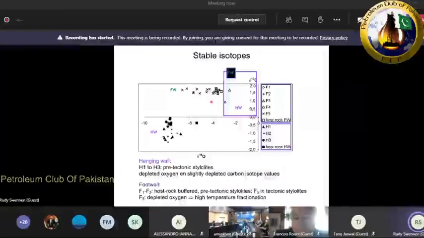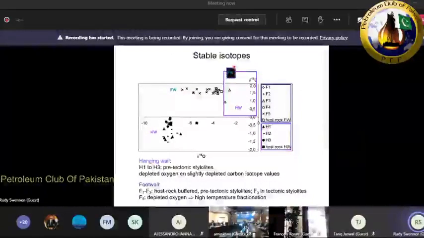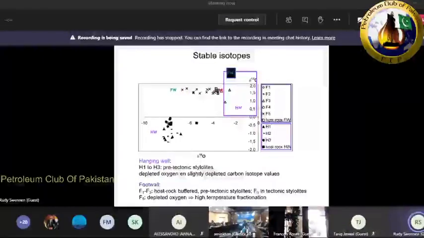If we look at the isotopic composition of the footwall system, then we have a system which for carbon is clearly controlled by the host rock, which is indicated here. The host rock would be this rectangle. There are a little bit lower values, but overall it stays around one specific delta 13C value.